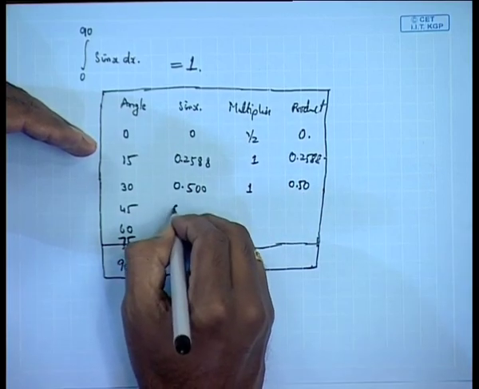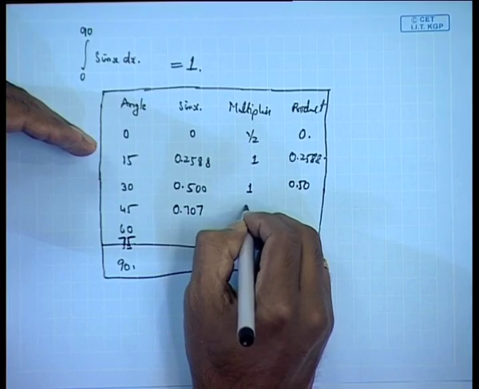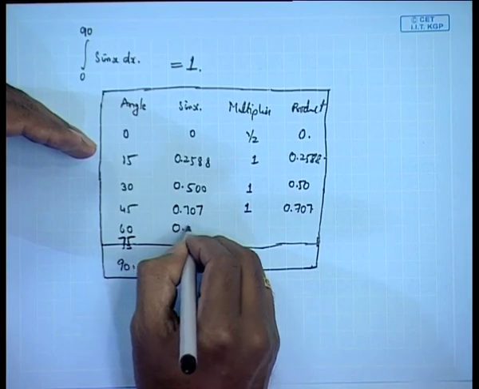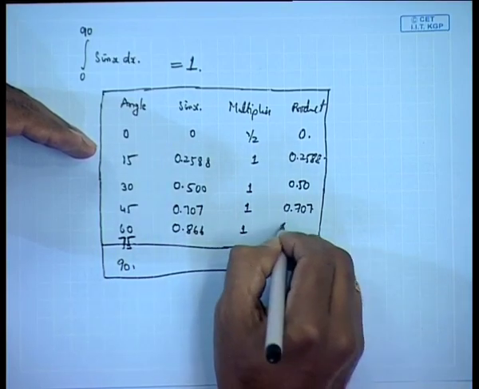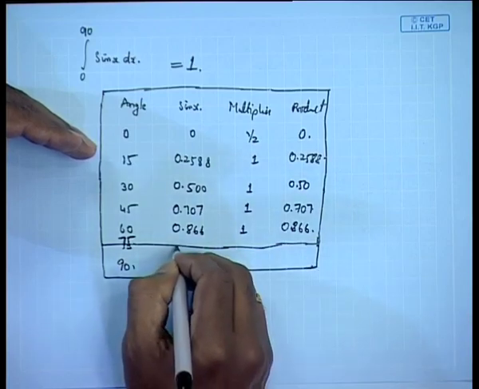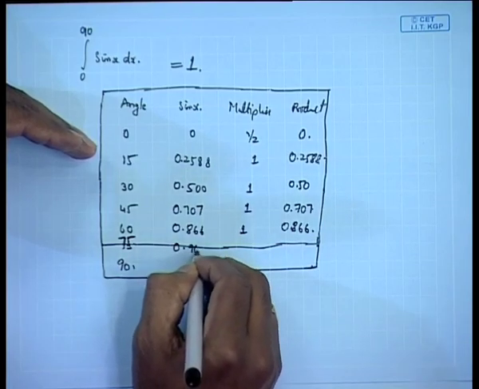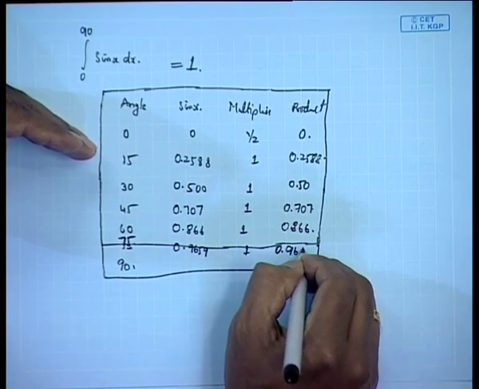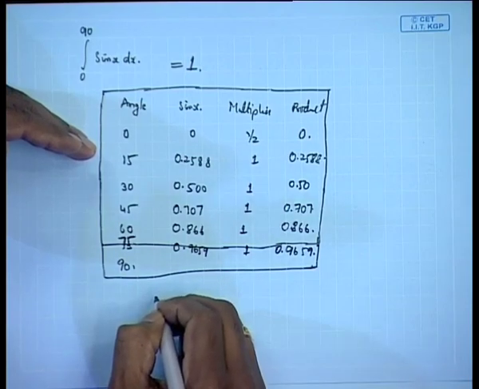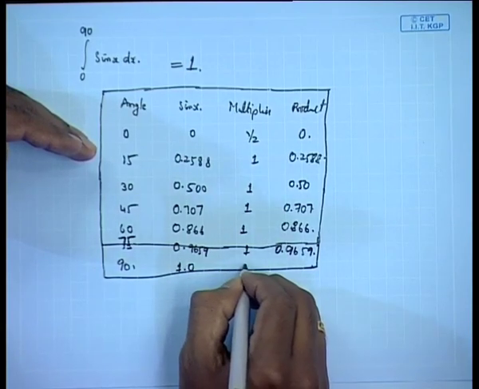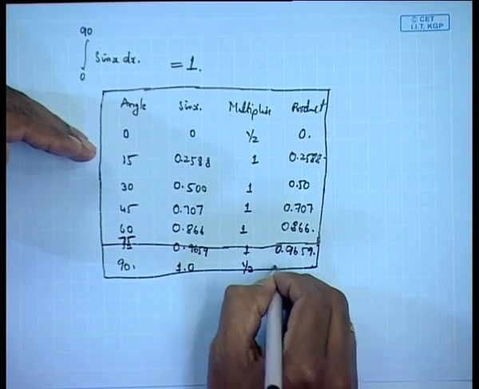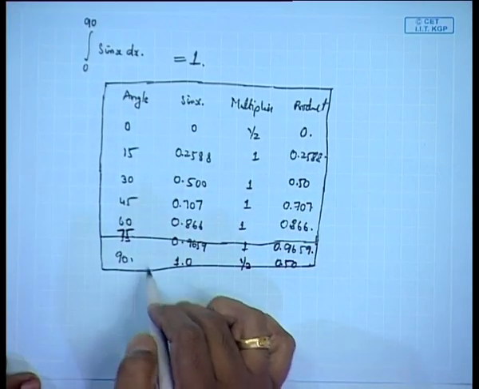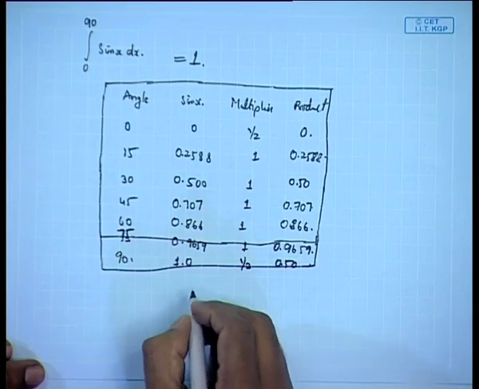Sin 45 is 0.707, the multiplier is 1, so 0.707. Sin 60 is 0.866, and sin 75 is 0.9659. Sin 90 is equal to 1 and the multiplier is half, so the product is 0.50. So, this gives you the whole list of terms.